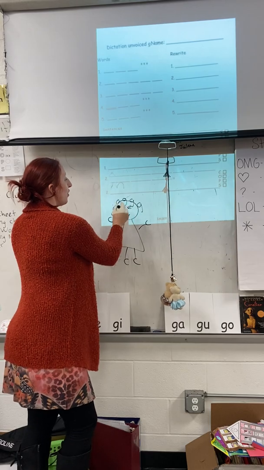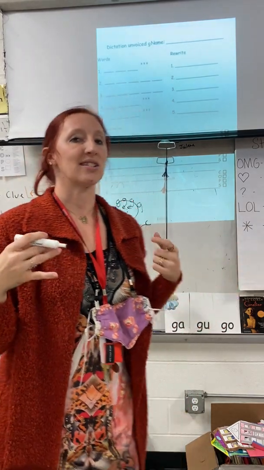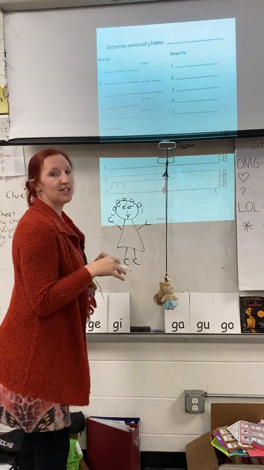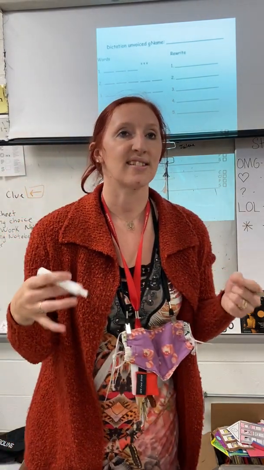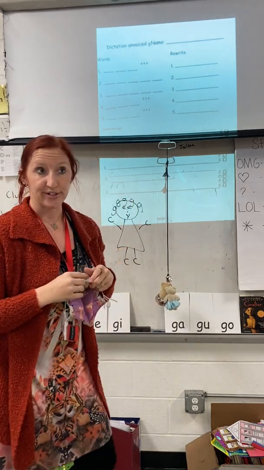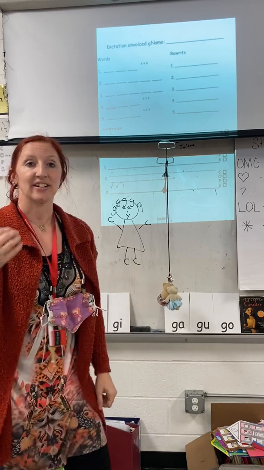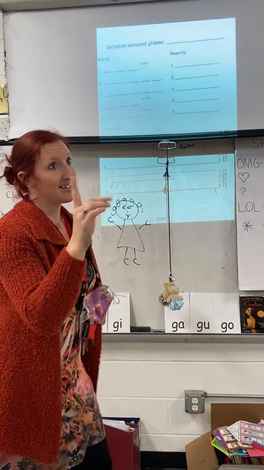When we're thinking about the soft J sound, or unvoiced J, and the soft or unvoiced S sound, we can think of Gentle Cindy and these vowels that will help us determine if it says G or J, and S or K.